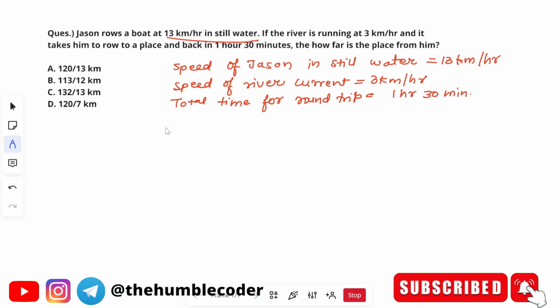These are the three data given to us, and we need to find how far the place is from him. Based on this data, there are two speeds that we can deduce. The first is the speed while going, which is also called downstream. That is 13 plus 3 kilometers, which is 16 kilometers per hour.